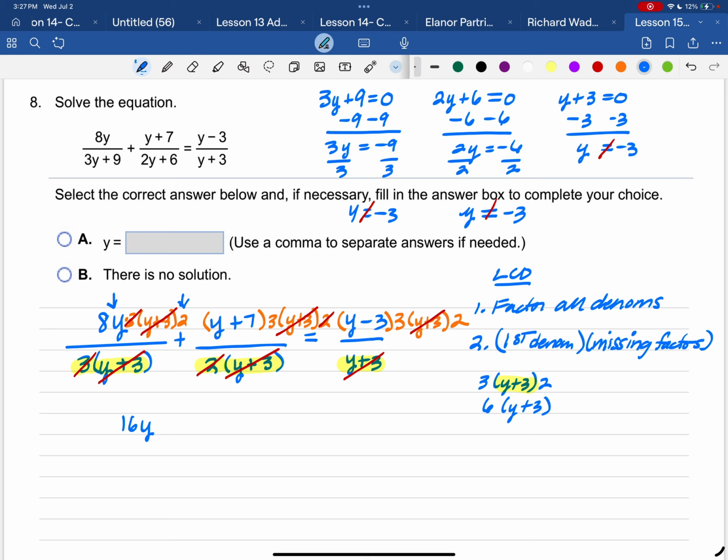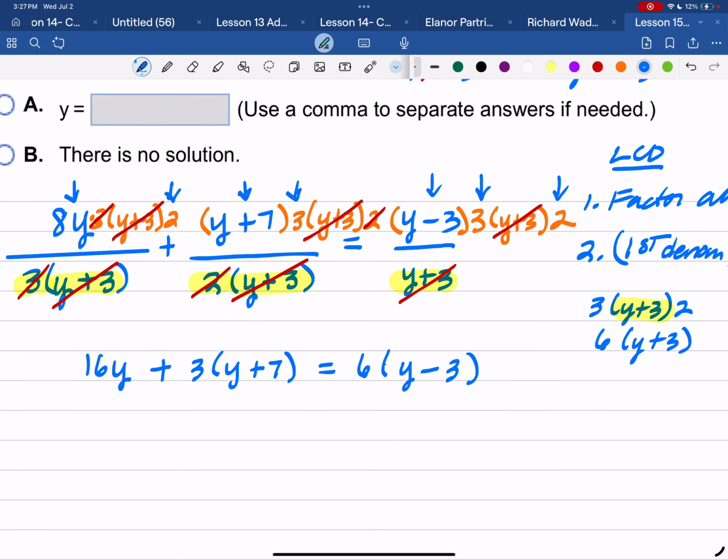I could put it over 1, but there's no point in doing that. You don't have to. Plus, here I have a y plus 7 and a 3. I'm going to put the 3 in the front because that's what we're accustomed to doing. And on the right-hand side, I have a 3 times a 2 and a y minus 3. That's a 6 and a y minus 3. So I have an equation, and I need to solve it.